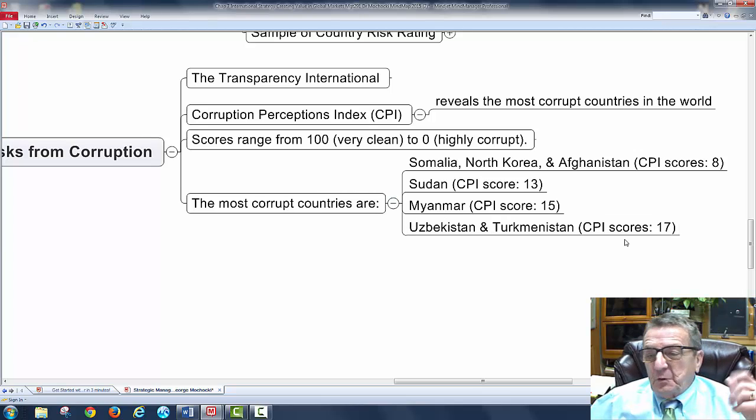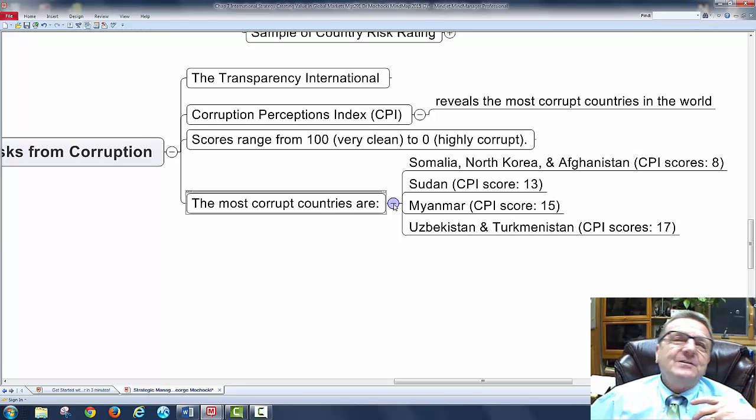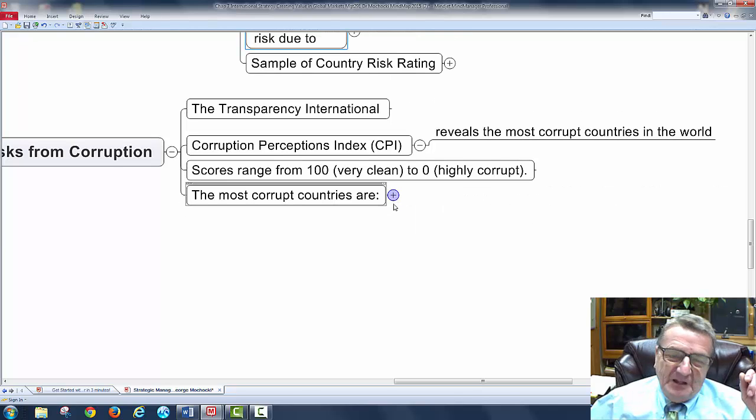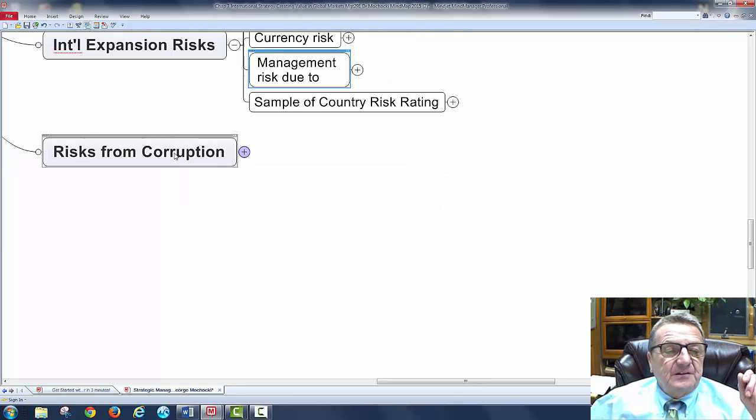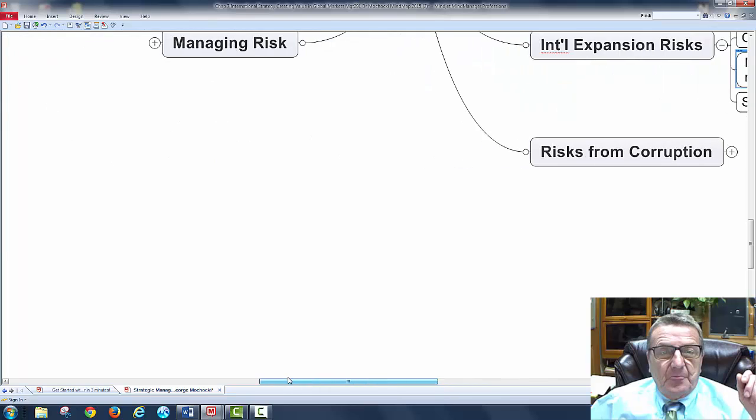So the smaller the score, such as 8, the higher the risk, the most corrupt. We're not on the list yet, but look, don't say that just because we're not on the list, we're the number one. I think it was something like Denmark or Sweden that were the least corrupt countries in the world.